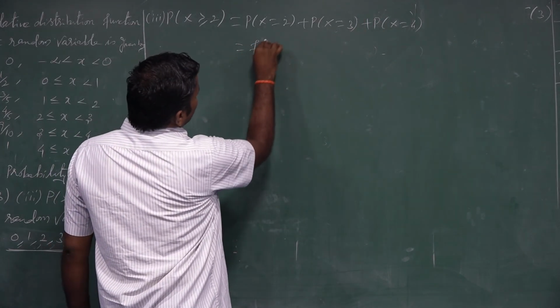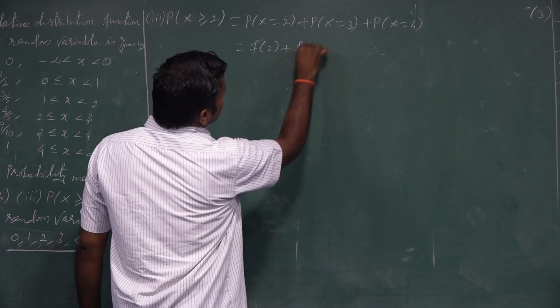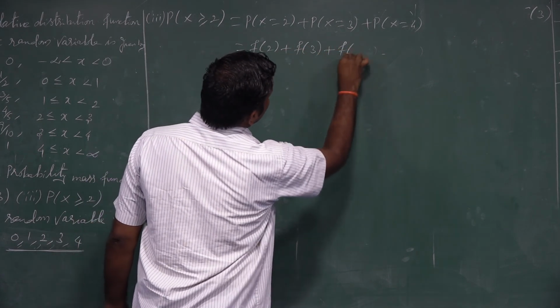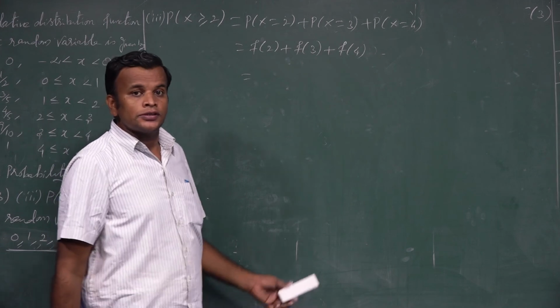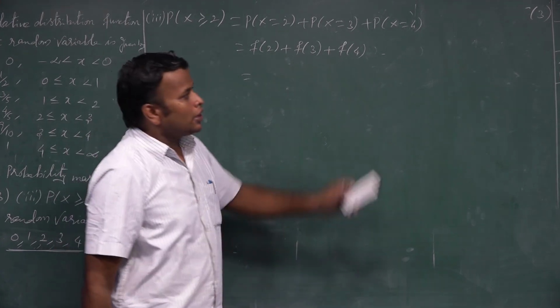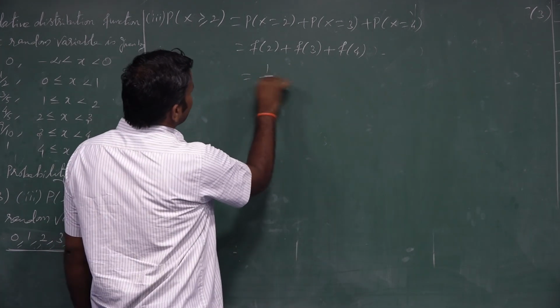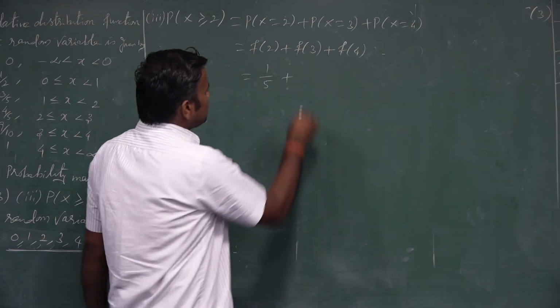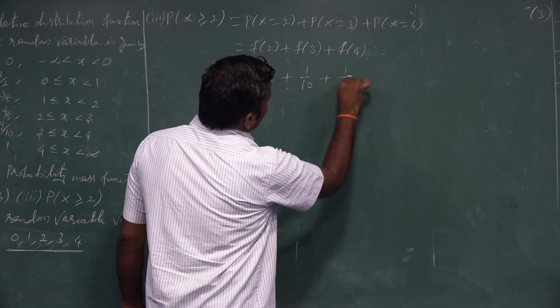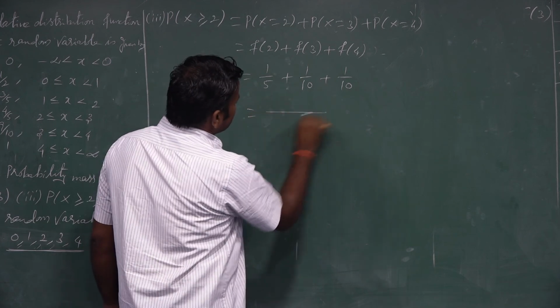P of x greater than or equal to 2 means f of 2 plus f of 3 plus f of 4. F of 2 value, we already found in the table. The value of f of 2 is 1 by 5 plus f of 3 value is 1 by 10 plus f of 4 value is also 1 by 10.